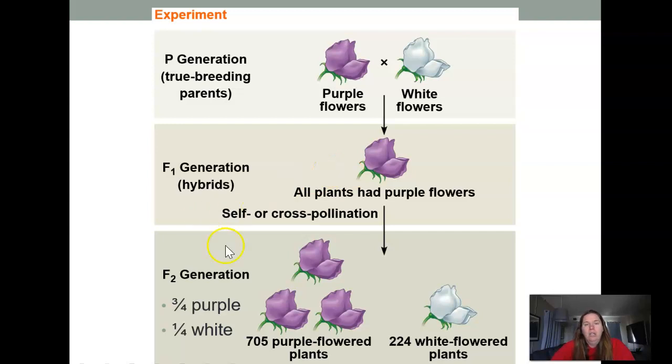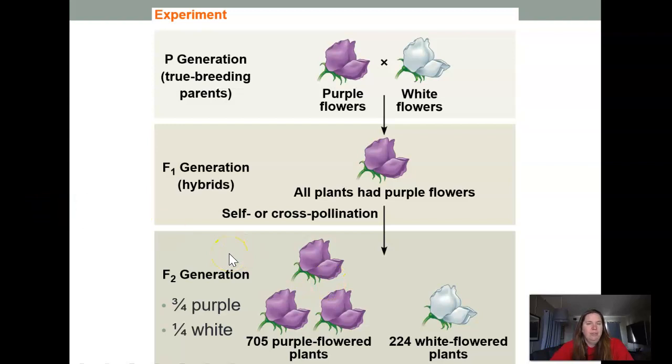In other words, of all of the F2 generation, 75%, right, 3/4 of the flowers would be purple, and 25% or 1/4 of the flowers would be white. And so he consistently got this ratio of purple to white flowers.